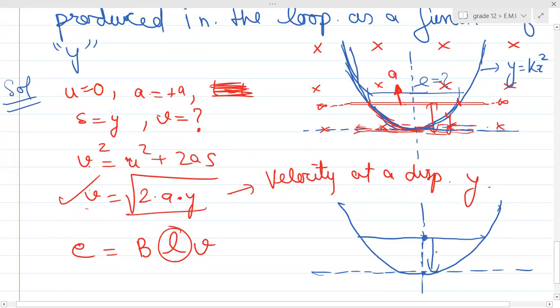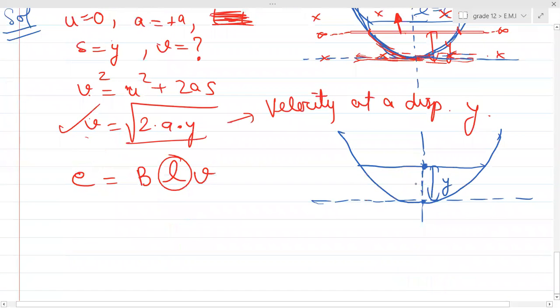This distance is y. What is x? It will be root of y by k. Yes, it will be root of y by k. Why will it be root of y by k?